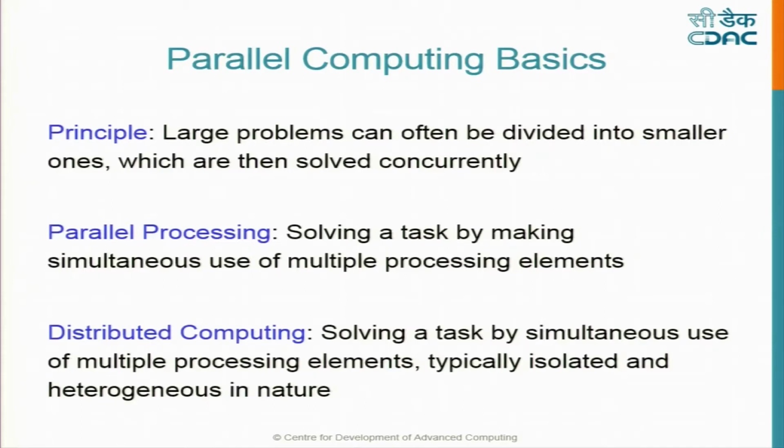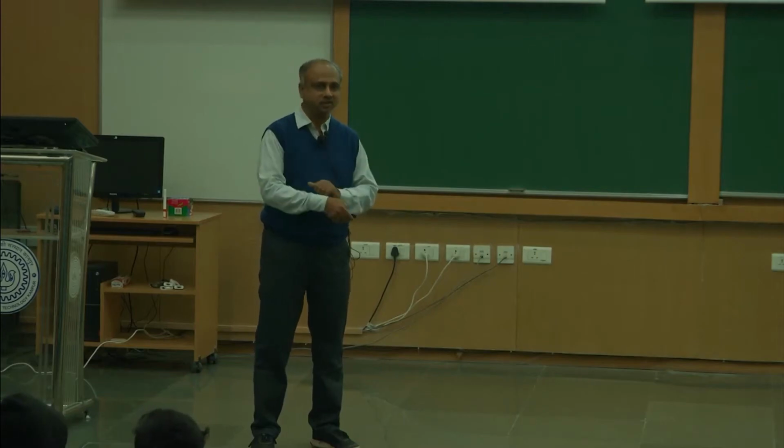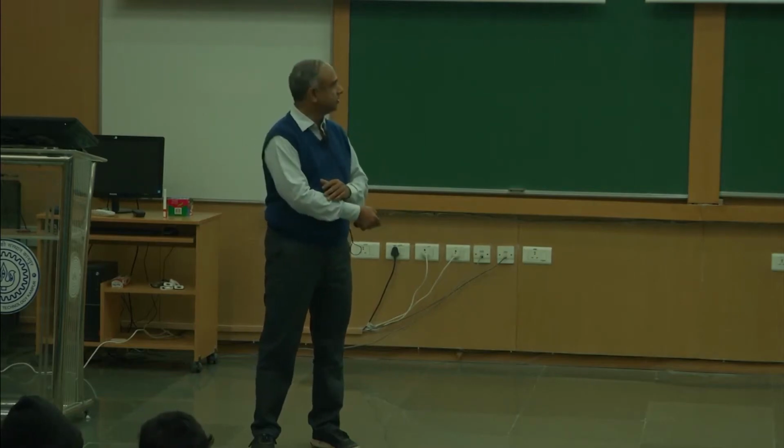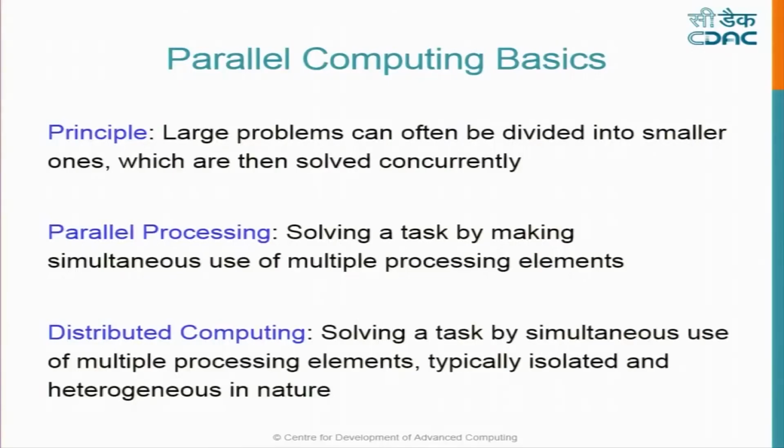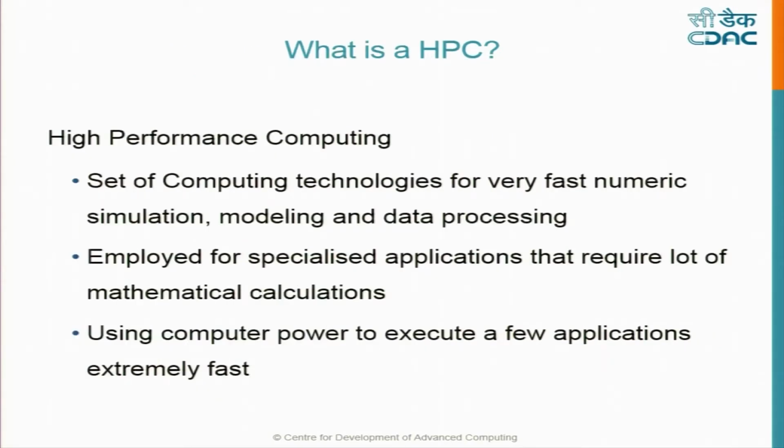These are isolated and autonomous in nature, but if you can use an Ethernet or some network to connect them, then you have what is called distributed computing. At a higher level, a homogeneous system with a lot of processing elements inside one system, or a distributed system like this, will serve your purpose, but the programming model required may be slightly different, which we shall see in the subsequent slides.